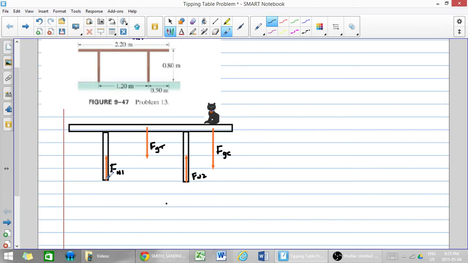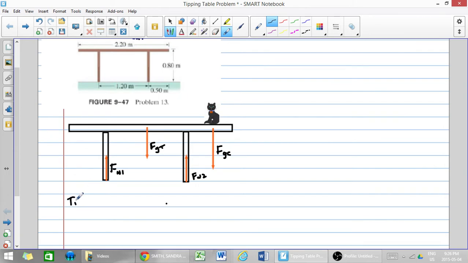So to solve for the exact moment of tipping, you need to solve for the normal force here becoming 0, but while the whole system is still in static equilibrium.